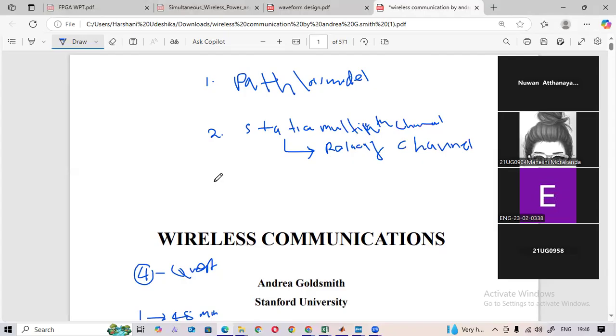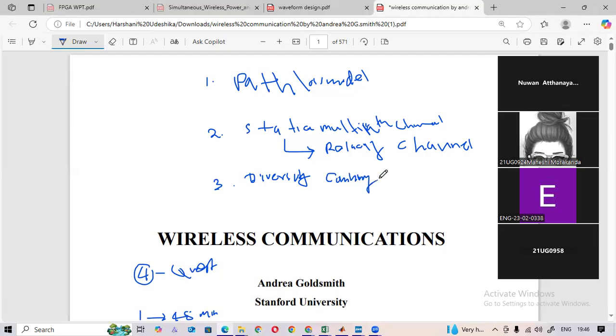Question three is related with diversity techniques. Diversity combining techniques are given.